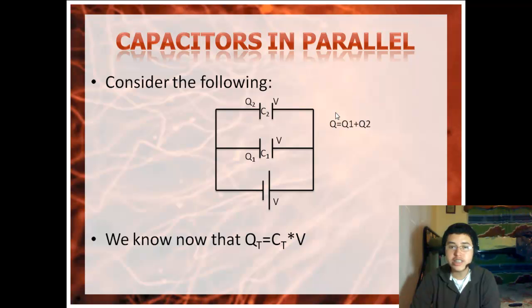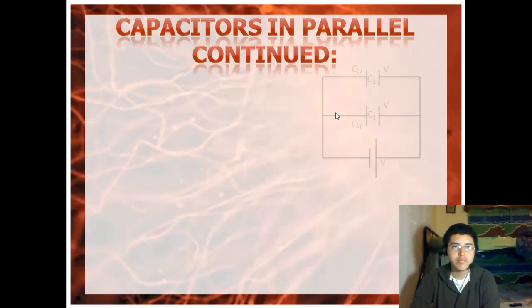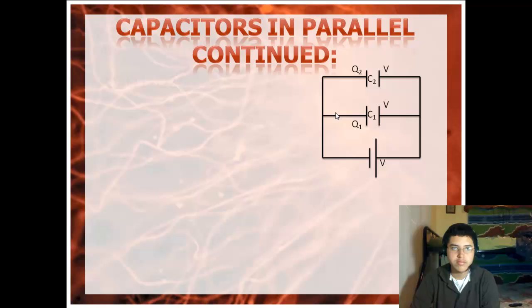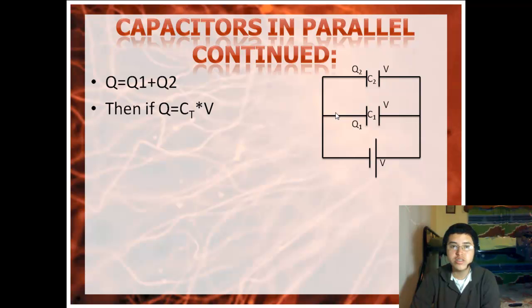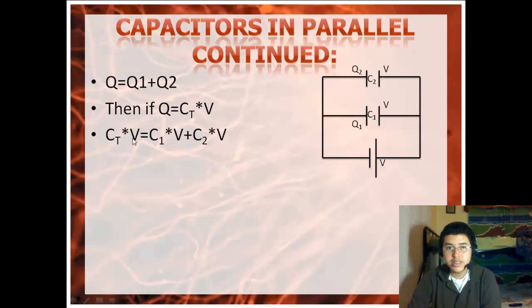And since we know that the total charge equals the total capacitance times the voltage, we can see that the charge equals the summation of the individual charges, and then if the charge equals the total capacitance times the voltage, therefore the total capacitance times the voltage equals the first capacitance times the voltage plus the second capacitance times the voltage.